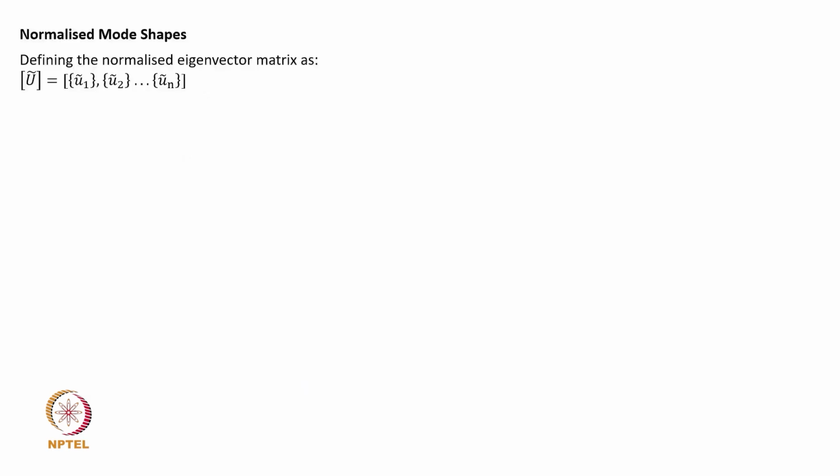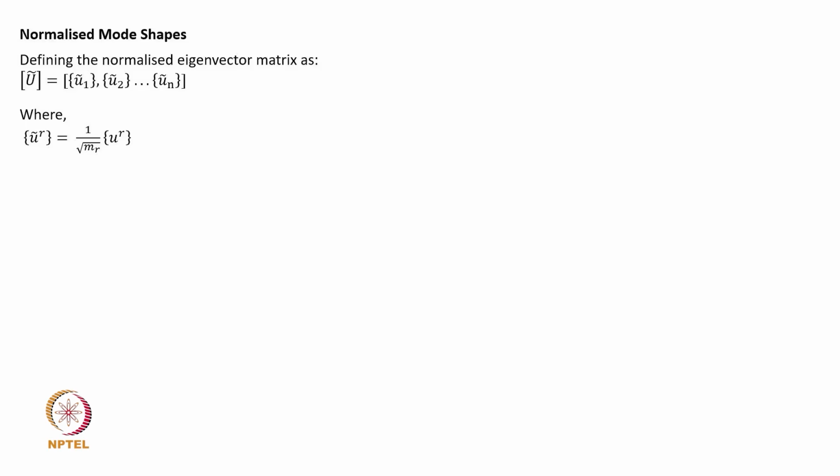Now, for the sake of convenience, we do normalize these mode shapes by dividing by square root of the generalized mass in the rth mode. So, ur tilde represents the mass normalized eigenvector, and it is equal to the original eigenvector multiplied by 1 by square root of Mr.